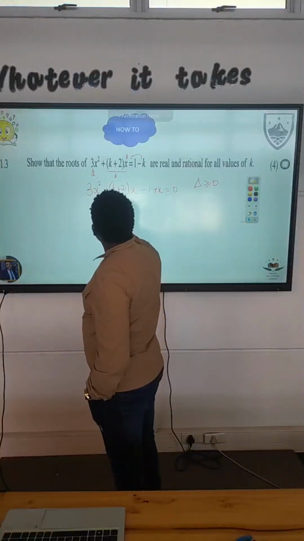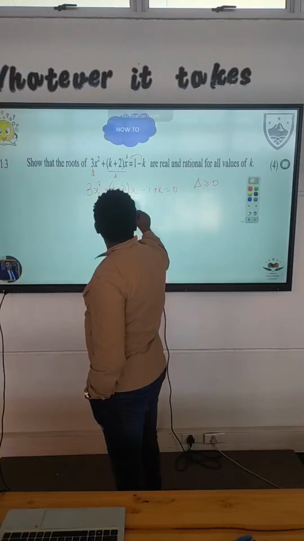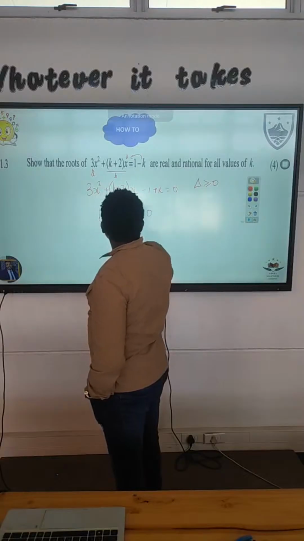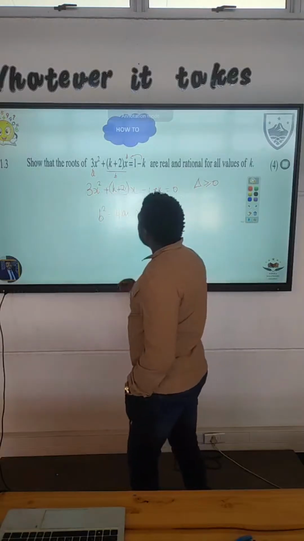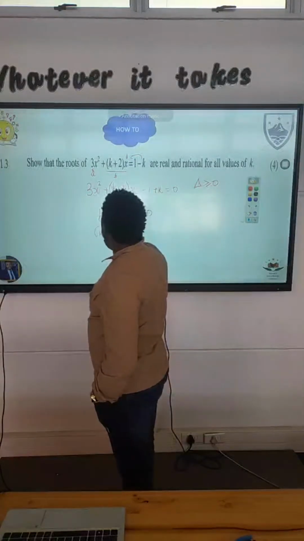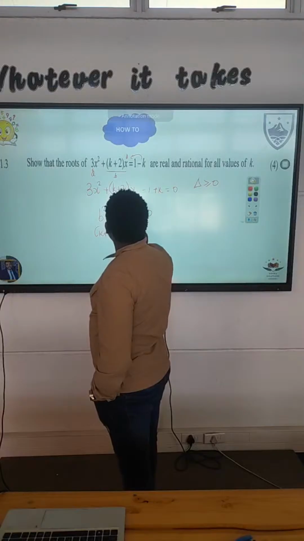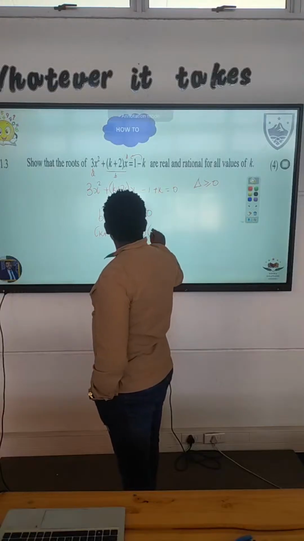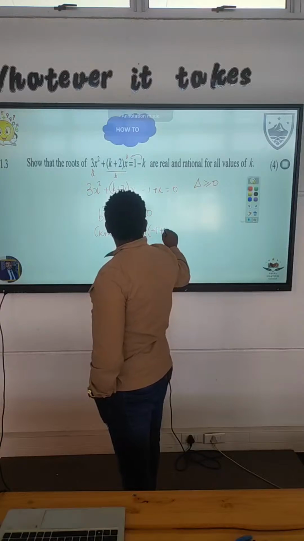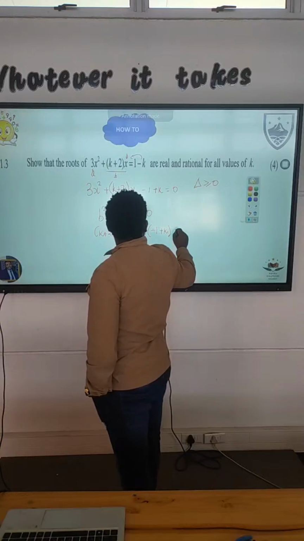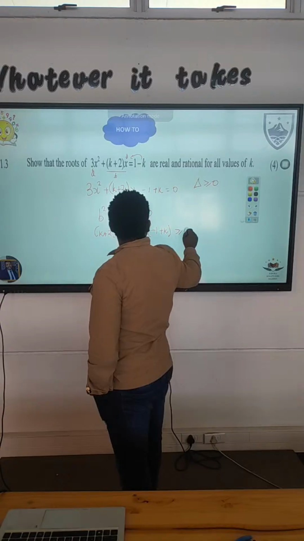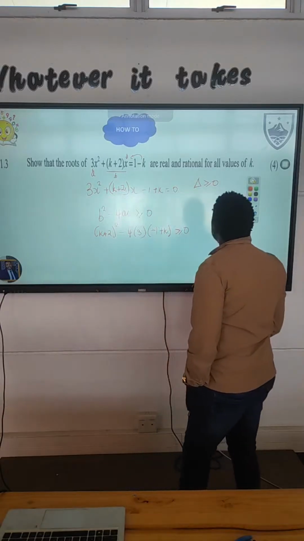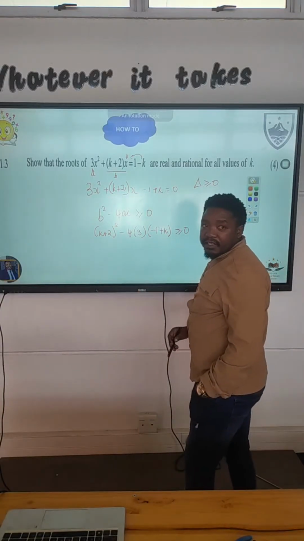So b squared minus 4ac must be greater than or equal to 0. What is b? My b is actually (k + 2) squared minus 4. What is my a? My a is 3, and my c is negative 1 plus k, which must be greater than or equal to 0. We're going to simplify this on the left hand side.